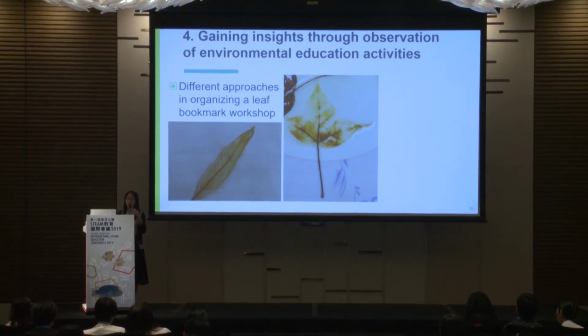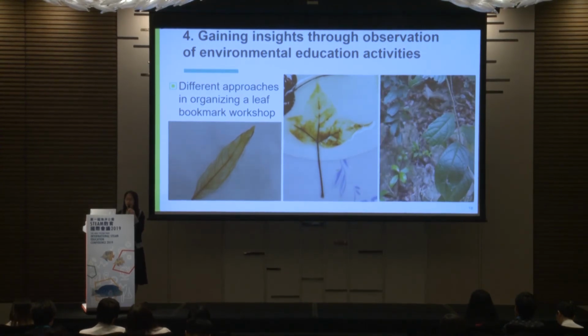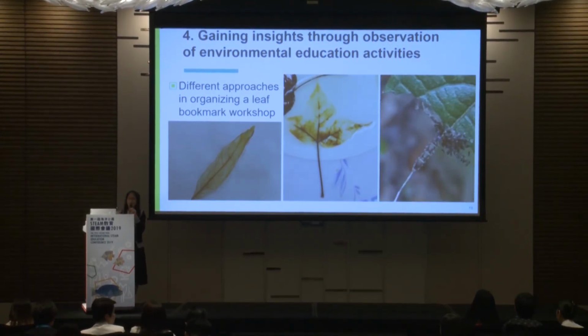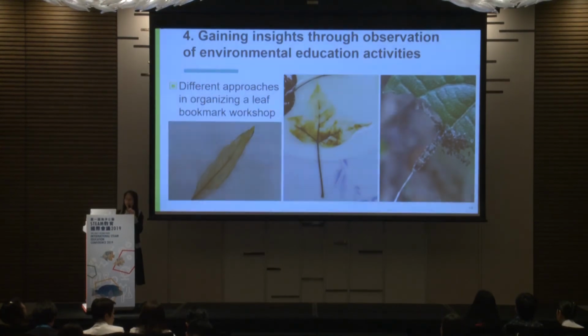And I joined another leaf workshop organized by the EP Society, and it did not only focus on the leaf bookmark, but also had an eco tour beforehand. For example, the middle of this photo shows a caterpillar of a butterfly. I think it is quite good to incorporate environmental education elements into common workshops that may be held regularly at schools.